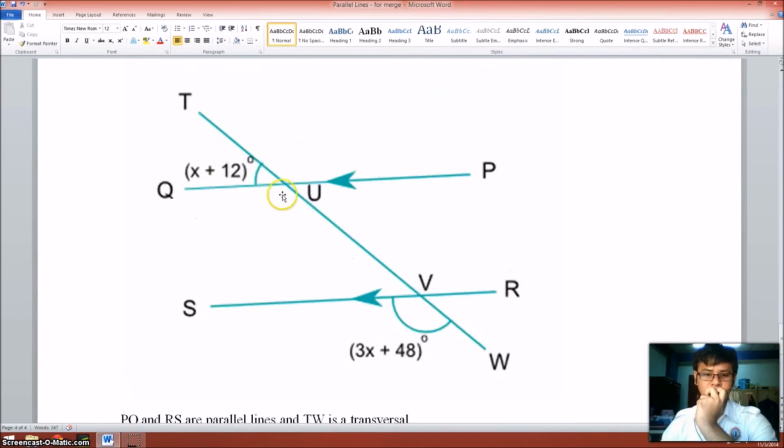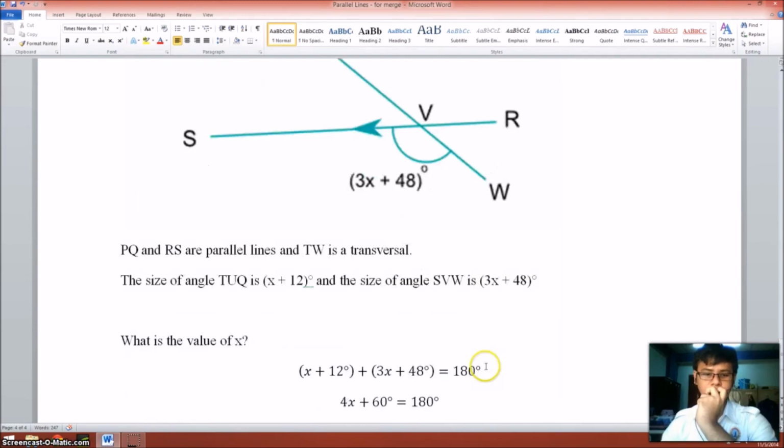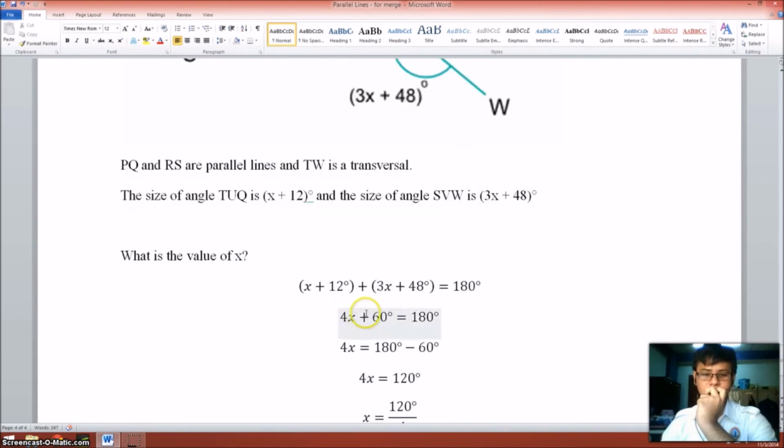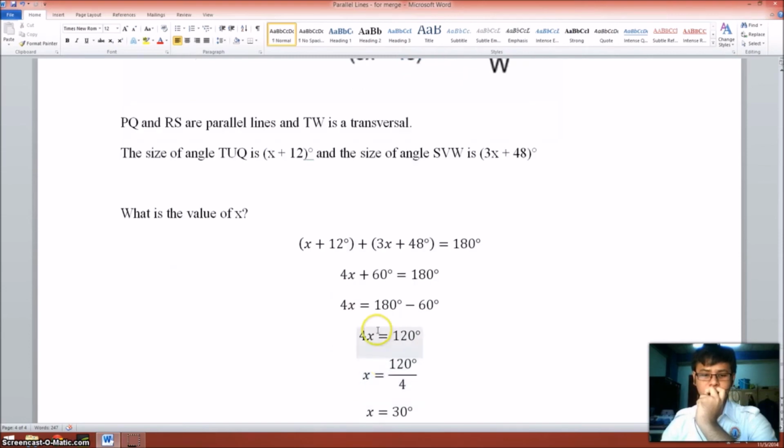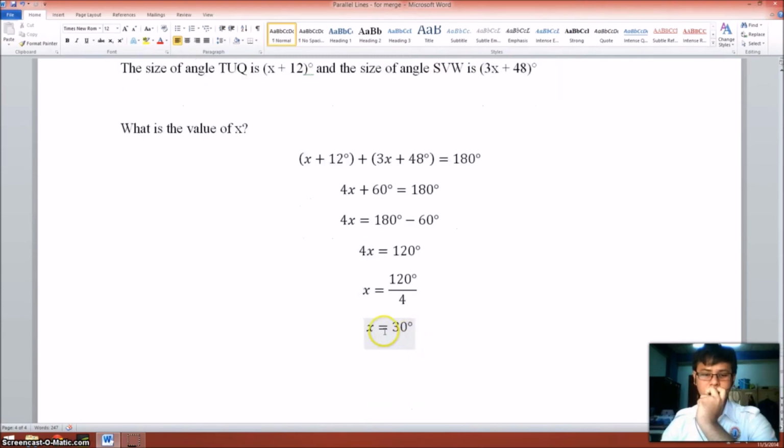We know that TUQ and SVW add up to 180, so x plus 12 degrees plus 3x plus 48 degrees should equal 180 degrees. So we add them together and we get 4x equals 120 degrees, and x equals 30 degrees. And that will be all from my presentation.